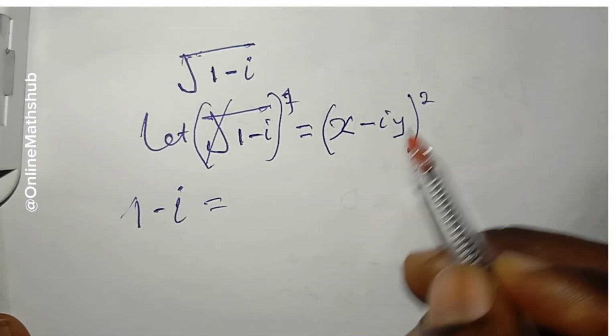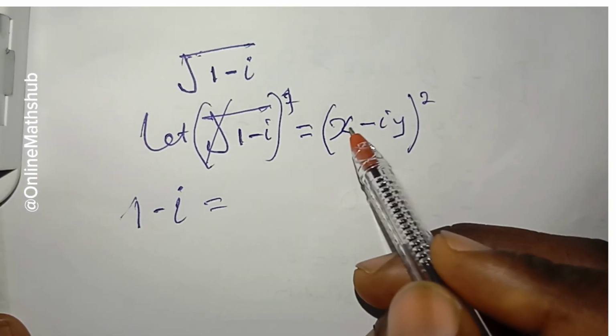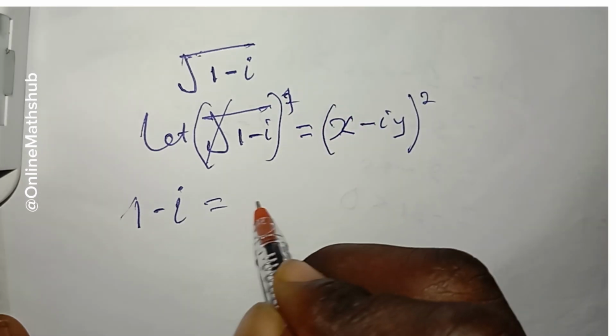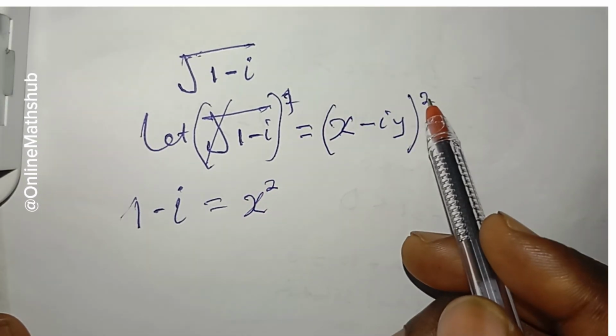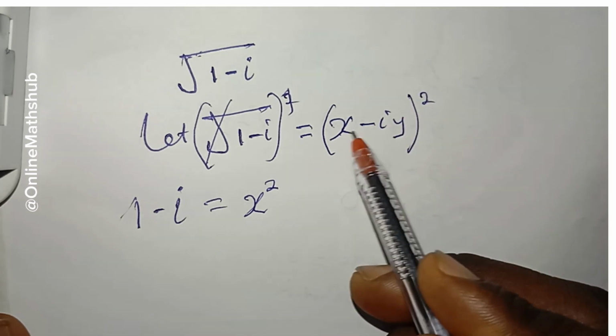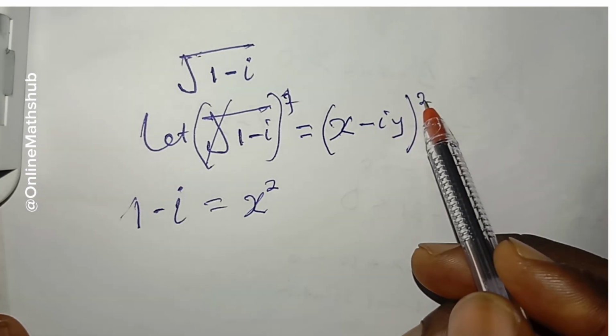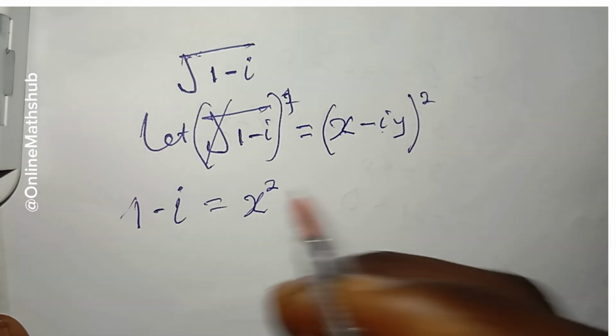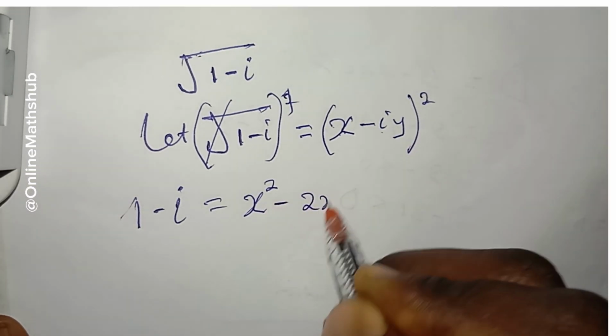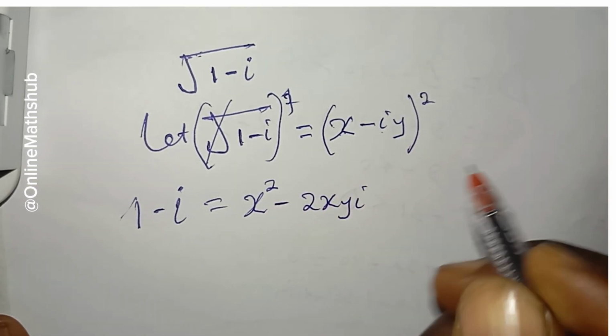I can simplify this. To do that, I'll use the first term to multiply itself, that is x times x, and that will give you x squared. Next I will use this to multiply the stuff inside the bracket, so this is 2 times x times minus iy, which gives us minus 2xyi.